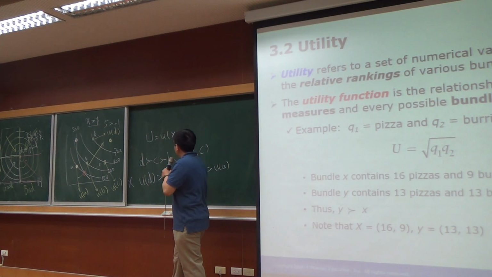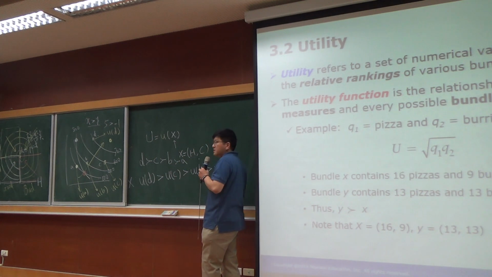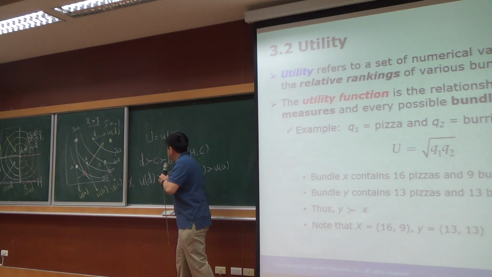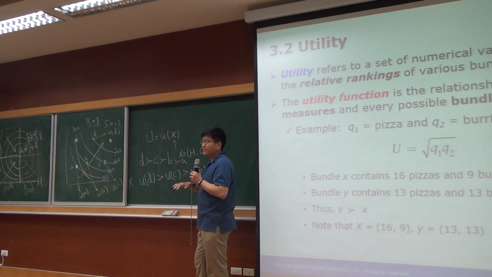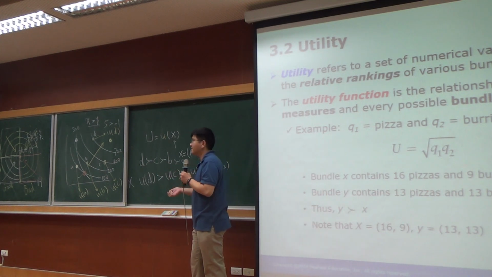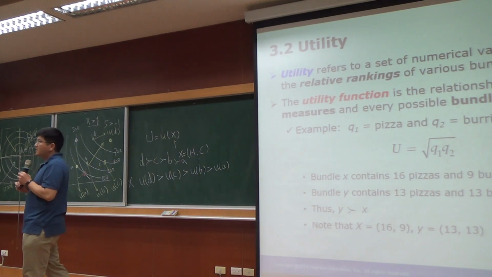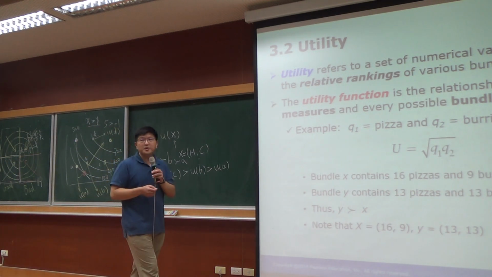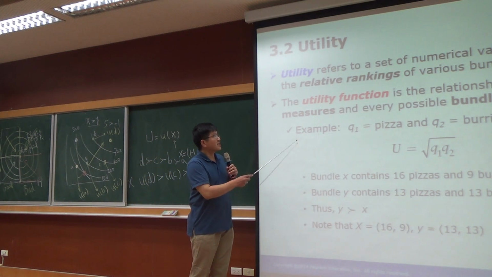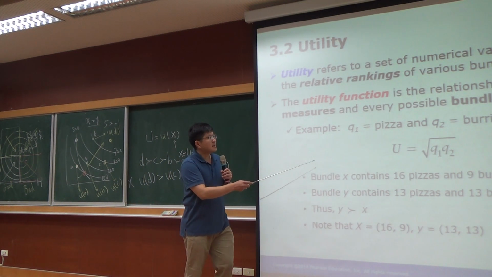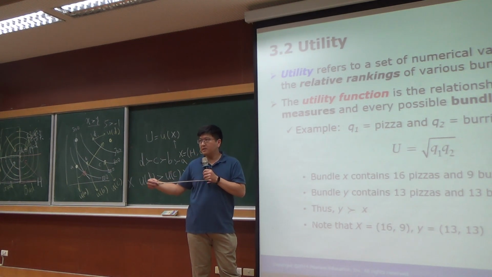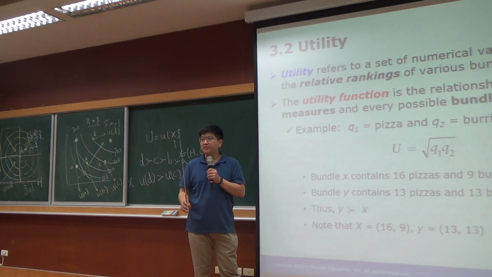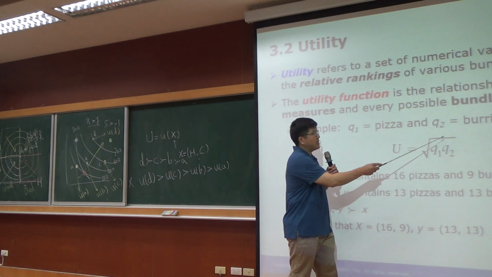So preference is expressed as real numbers, which means utility levels. And we may use these numbers to compute, to apply mathematics more easily, especially differentiation. For example, Q1, the variable on the horizontal axis, is pizza, and Q2, the variable on the vertical axis, is burritos.